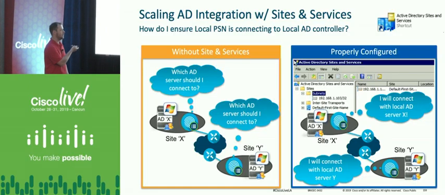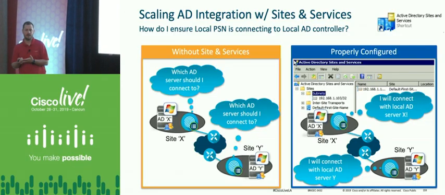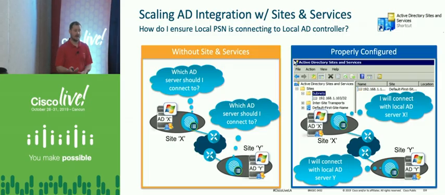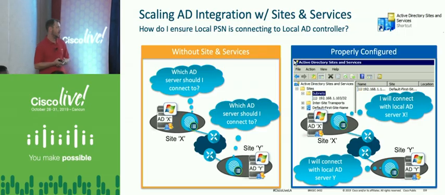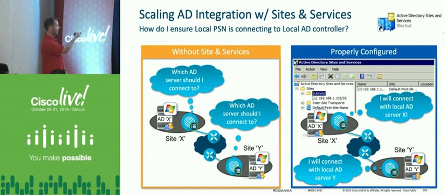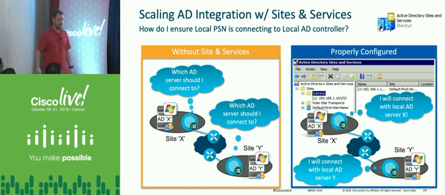So AD Sites and Services allows us to respond with the local Active Directory server depending on where that ISE PSN is. And this is a big part of deployment design, making sure that if I have a PSN in site Y, it's going to ADY, and if I have a PSN in site X, it's going to ADX.